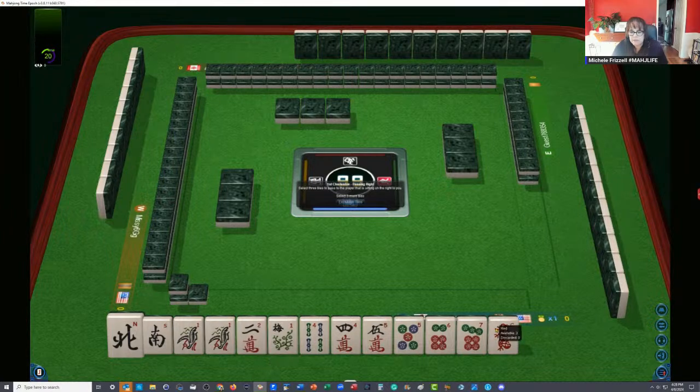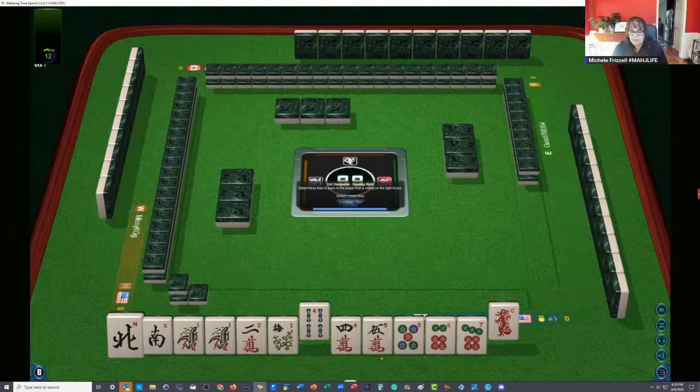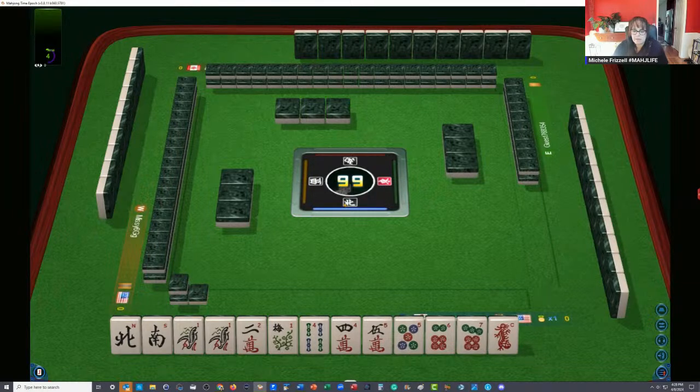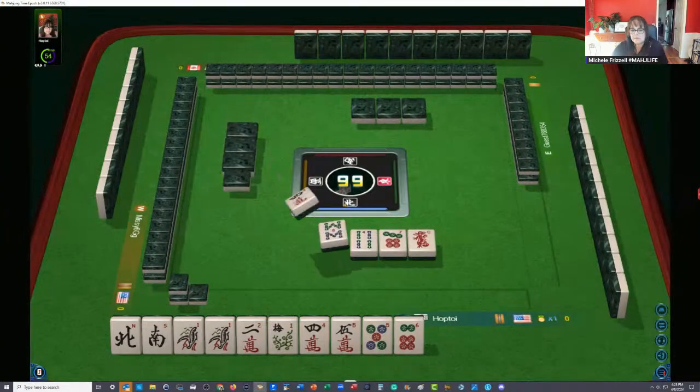I would definitely let that dragon go, and probably this 4 bam. We have 4, 5, 5, 6, 7. We cannot keep it all. I think I would let the 7 go and try to stay in the 4, 5, 6 range because we have that pair of 1s.